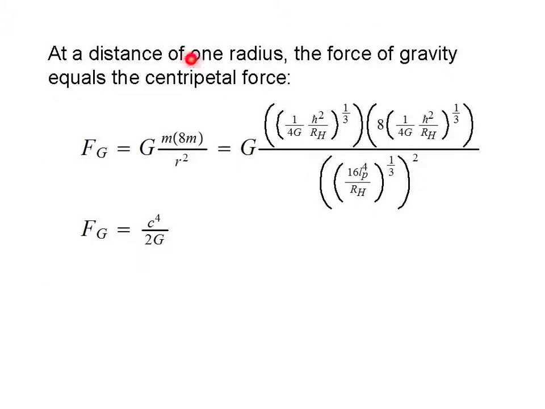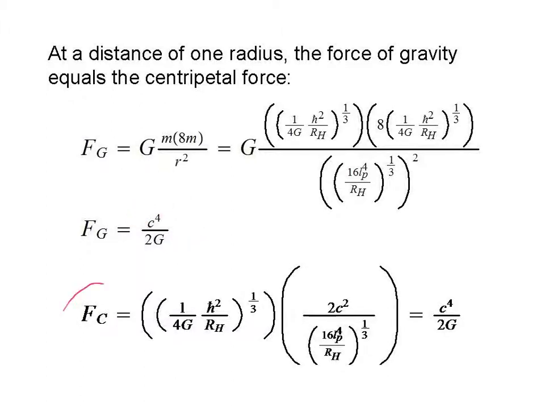At a distance of 1 radius, the force of gravity equals the centripetal force. So looking at the force of gravity, we take our mass times 8 times the surrounding masses, and instead of 2r, it's just radius squared. So radius squared, and we find that F sub g, the gravitational force, is equal to c to the 4th over 2G.